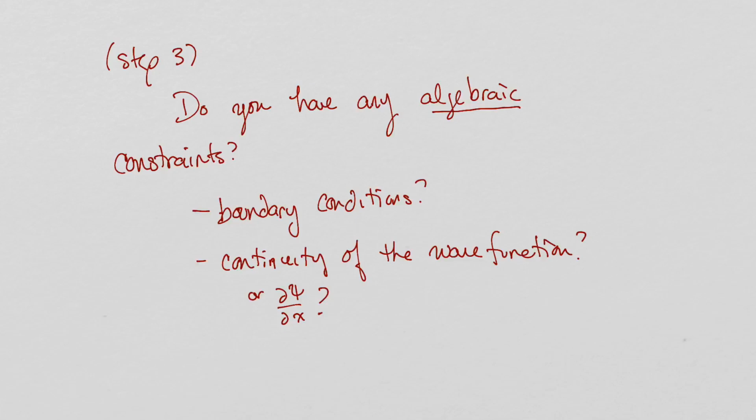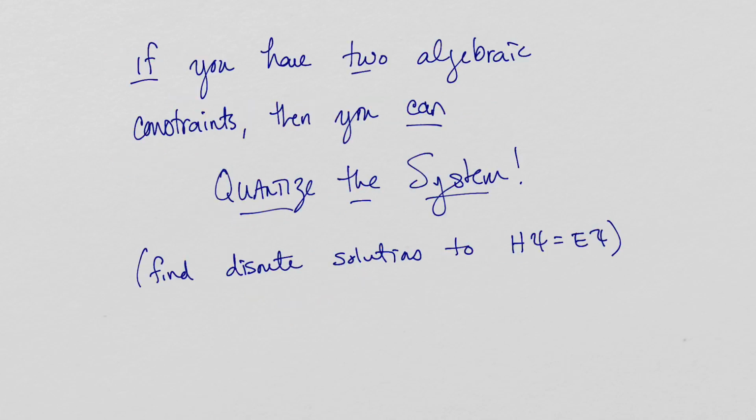Right? Now, as I said, you've been doing this. You've taken second order differential equations and shown that there are only certain solutions allowed. The interpretation here is just that those solutions now represent specific solutions to the energy eigenvalue equation, which means that our system only has certain allowed energies. And so if you have these two algebraic constraints, then you can quantize the system, right?